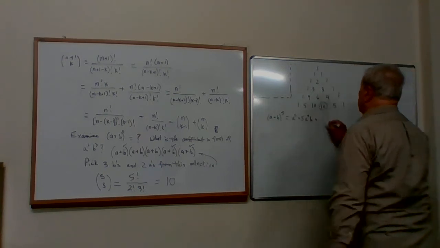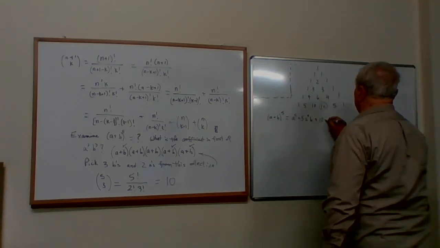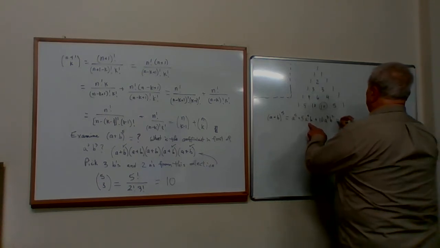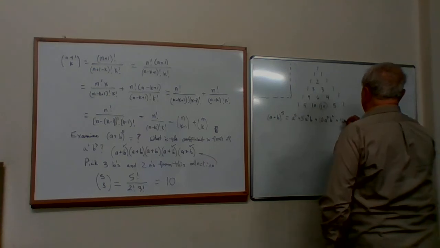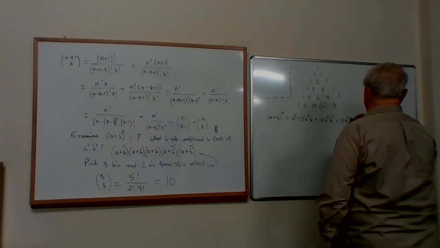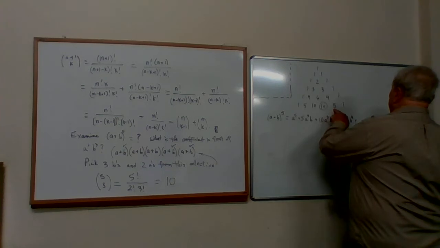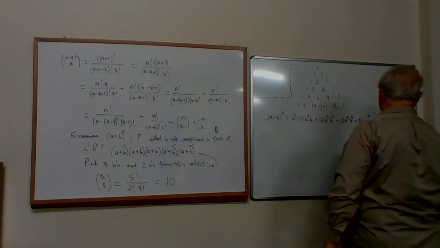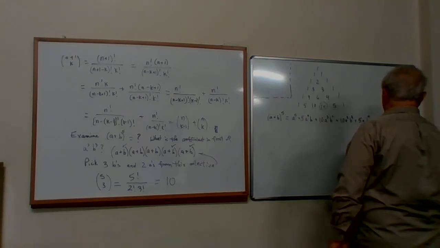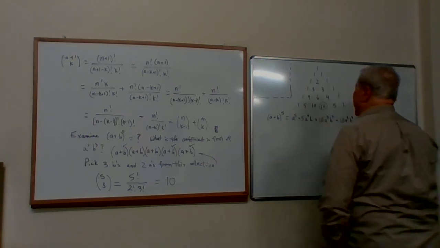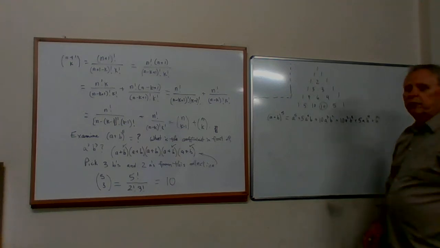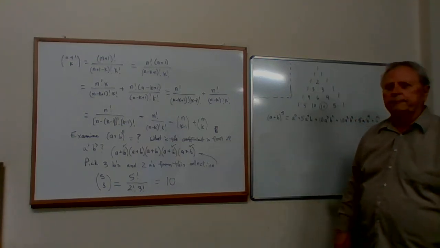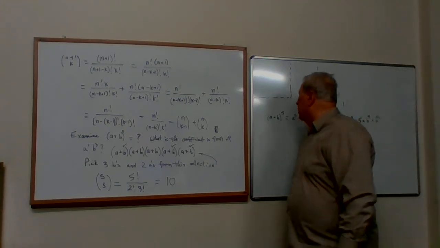And then 10, a to the 3rd, and b is coming up to 2, plus the one that we just figured, 10, a squared, b cubed, plus 5, a, b to the 4th, plus 1, b to the 5th. And that is a plus b quantity to the 5th, and it's a heck of a lot easier than multiplying that all out.